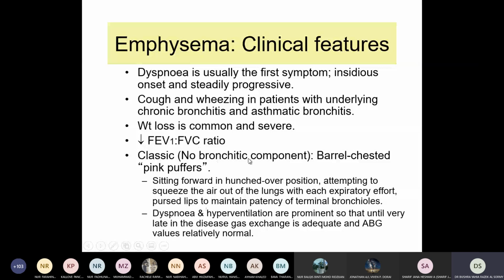Classically, with no bronchitis component, if there is no bronchitis, the patient usually has a barrel chest, pink puffer. You know the pink puffer? Skin becomes pink. The pursed lips. Yeah, pursed lips.